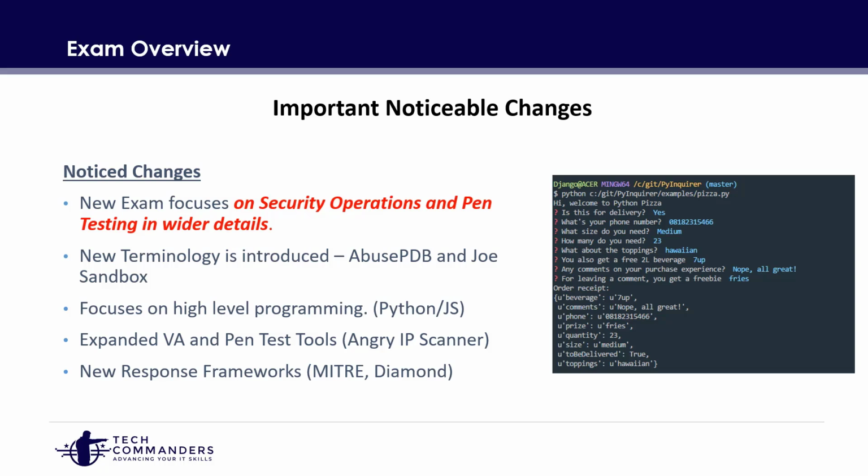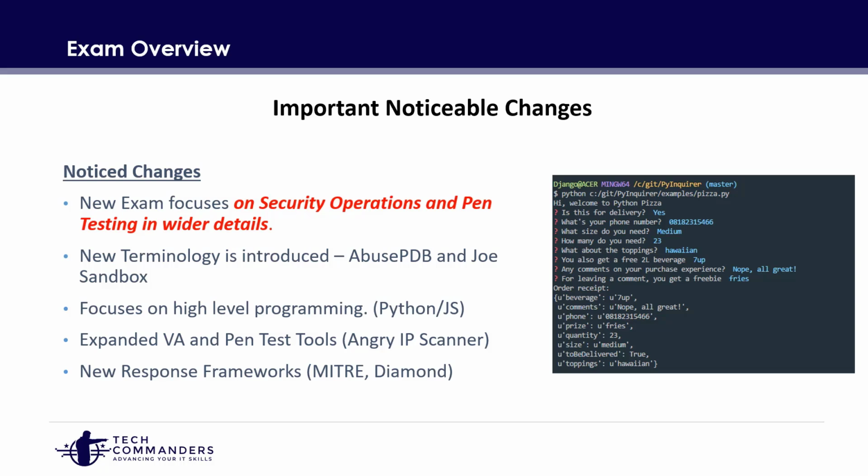What is the problem with that specific program? So there is, again, an additional wider net on this exam, and programming can definitely be a new area for some folks in the world of security.